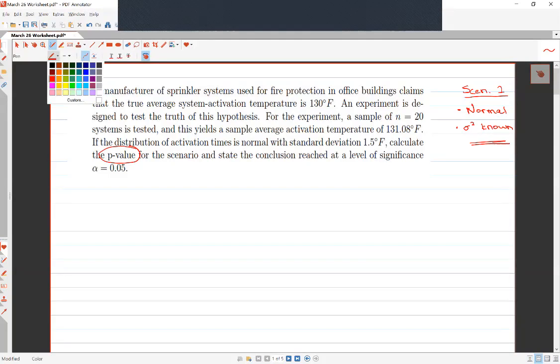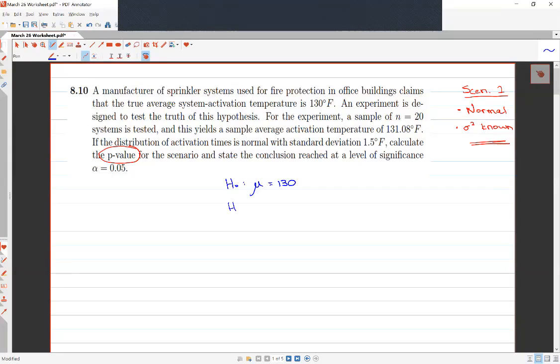So let's look at this first example. It's the same one we had with the fire sprinkler system. Our null hypothesis is that these systems on average activate at 130 degrees, and we want to test the truth of this hypothesis.